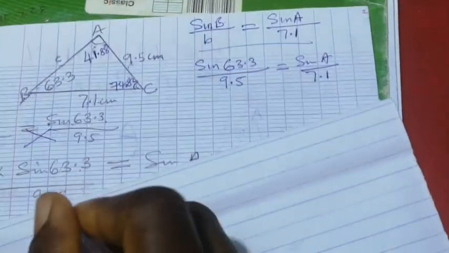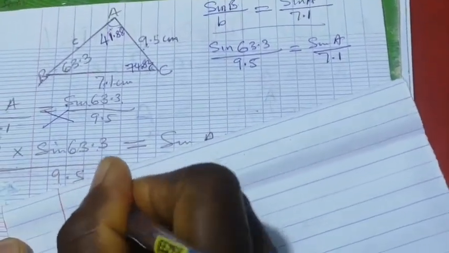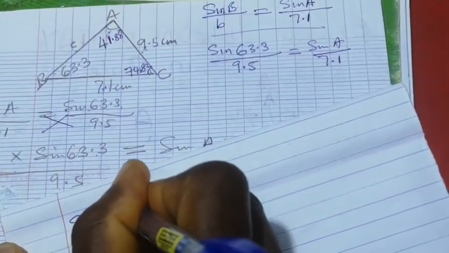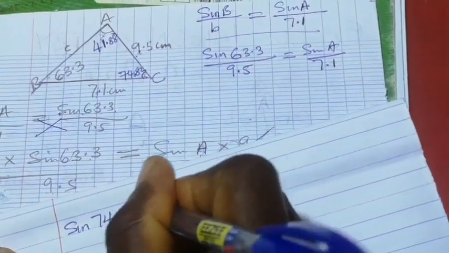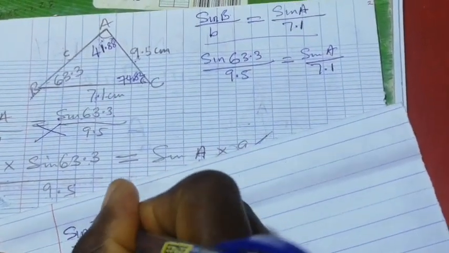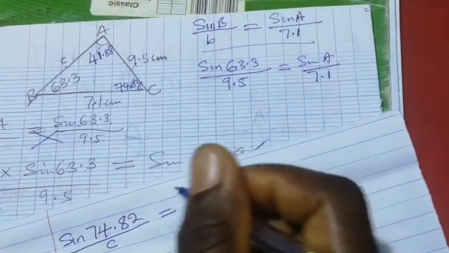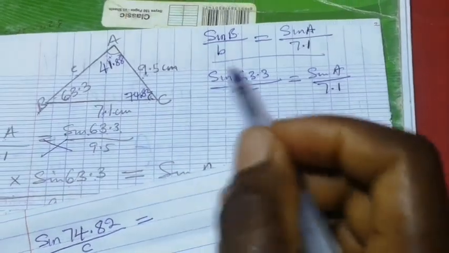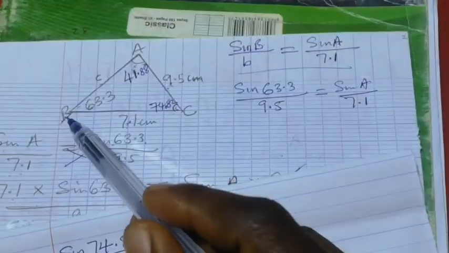So we'll now say sine 74.82 upon side C is equal to, we can choose any angle here.